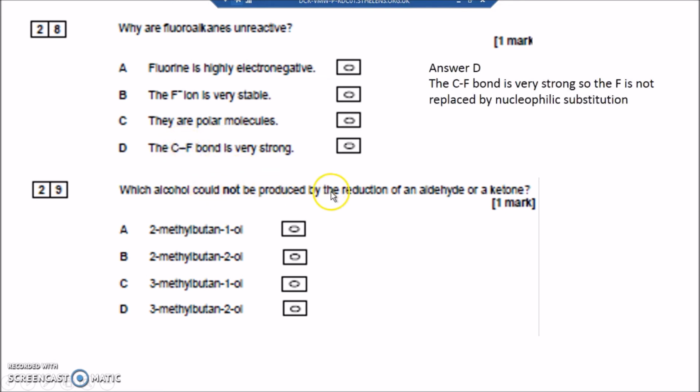Which alcohol could not be produced by the reduction of an aldehyde or a ketone? Well, if you think about it the other way around, then a tertiary alcohol can't be oxidized by acidified potassium dichromate to form an aldehyde or a ketone. The reason is that if it's a tertiary alcohol, then the carbon with the OH has got 3 other bonds attached, and therefore when it forms a double bond to an oxygen, it would have 5 bonds.